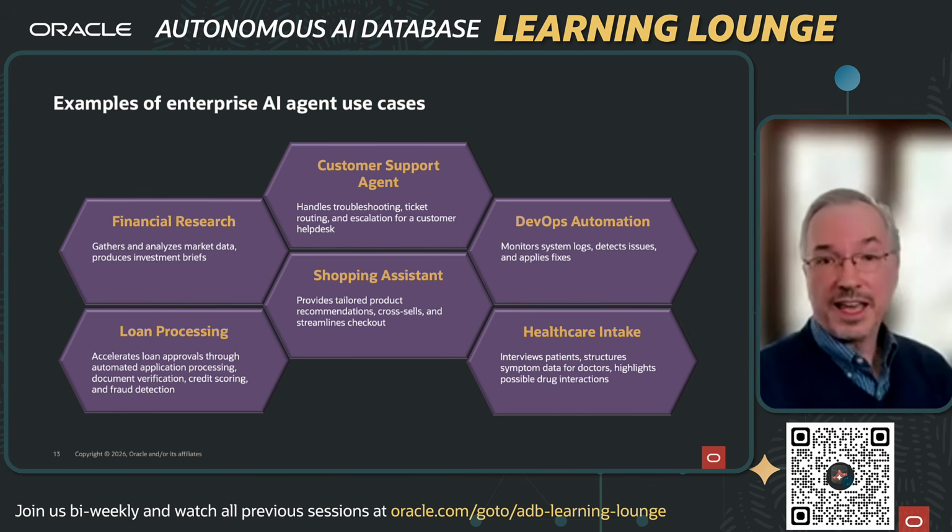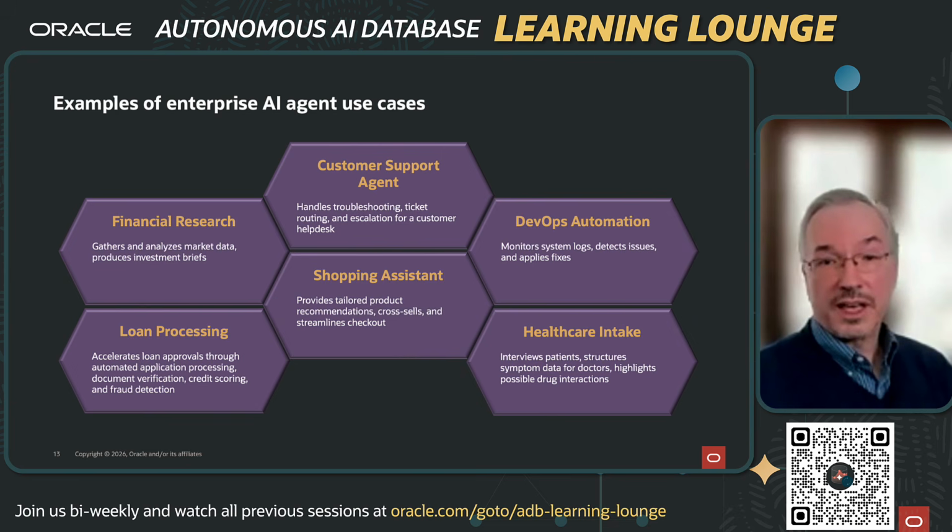Now, for example, in the case of financial research or loan processing agents, they can automate intake and verification steps, produce credit scores or risk checks, detect anomalies or fraud, and generate summaries for human decision makers. In customer and patient-facing scenarios like customer support, shopping, or healthcare, they can personalize recommendations, answer questions, route tickets, escalate issues, and guide users through complex processes like checkout or intake.